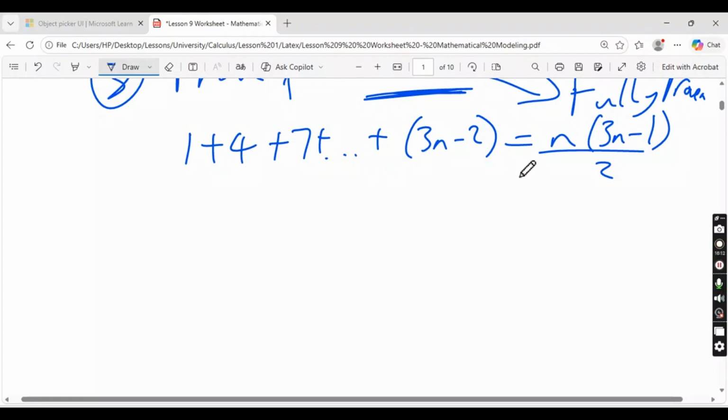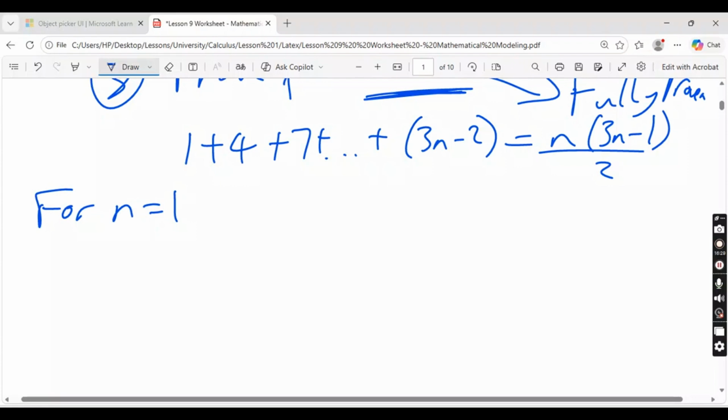So when we say proving for n is equal to 1, you can write for n is equal to 1, and then do your working.